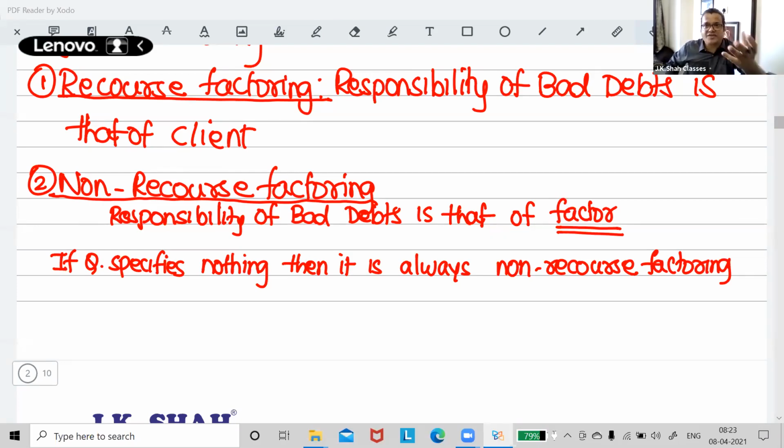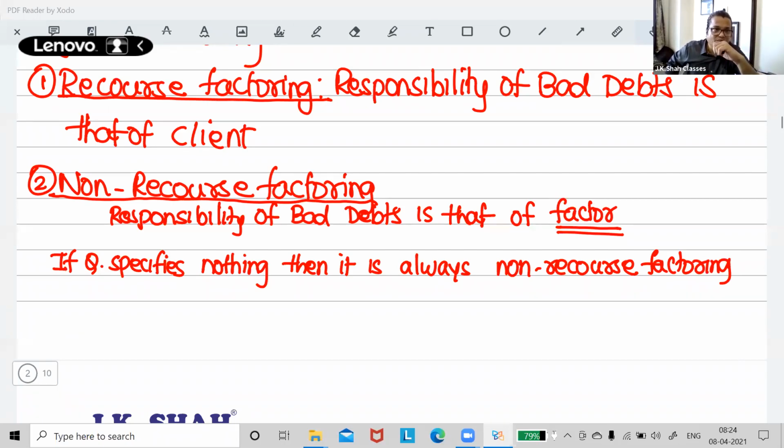I am a client, you are a factor. You're charging me 3% of sales for collection. I have 1,000 crore rupees as my credit sales. Many companies would have 1,000 crore as credit sales, maybe more than that. So you're going to charge me 3% of 1,000 crore. Calculate how much it comes to: 30 crore.